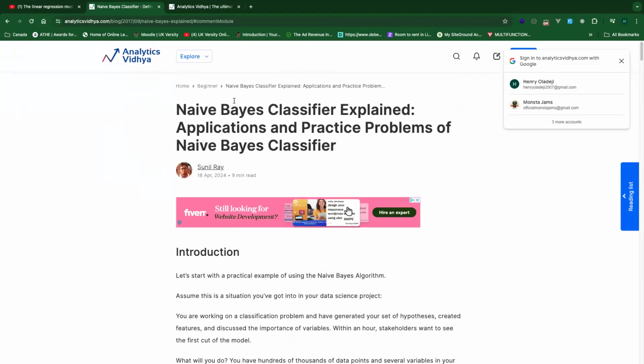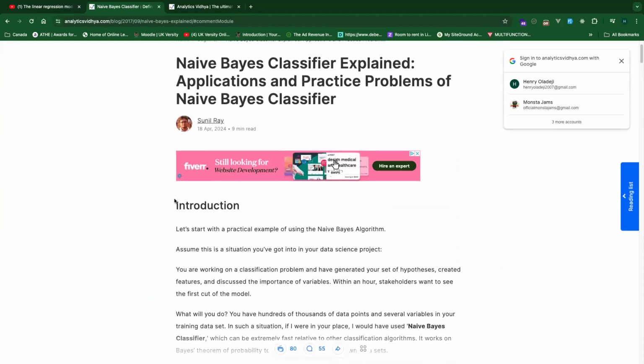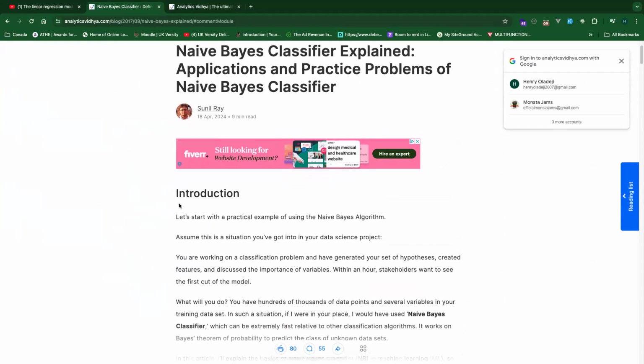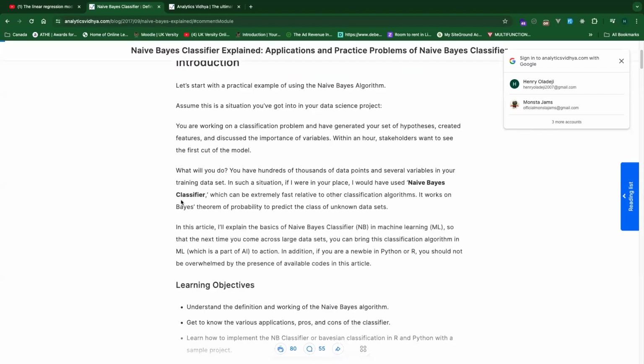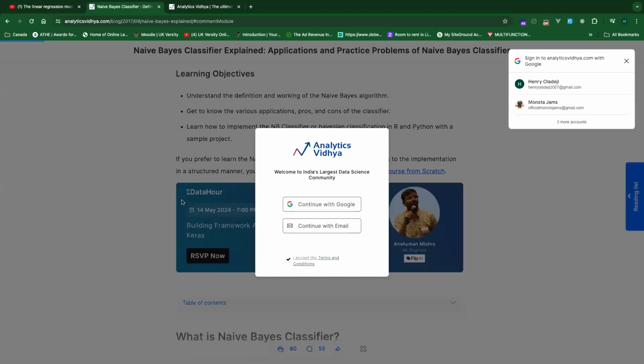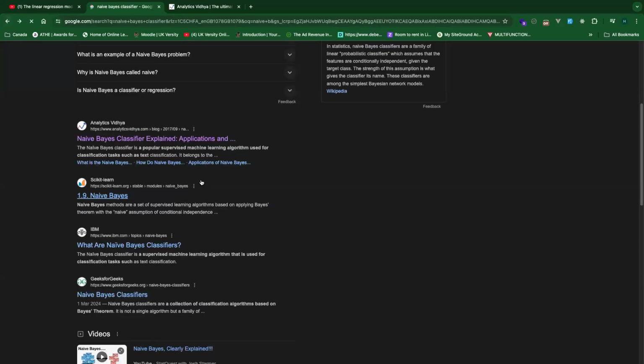I'm not sure if we have to access, log in or do something. So yeah, here we have it. So this article explains what a naive Bayes classifier is and all. I think you have to log in to have access to it.